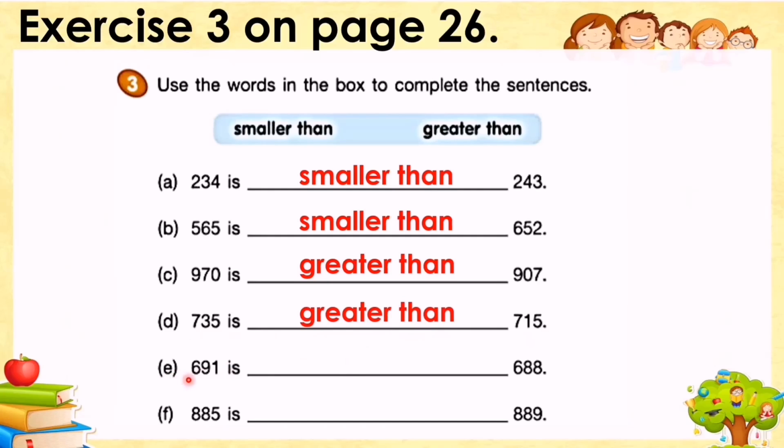Letter E, 691 is blank 688. 691 is greater than 688, so we will write here the words greater than. And letter F, 885 is blank 889. The answer there is smaller than. Okay, so please copy the spelling correctly.